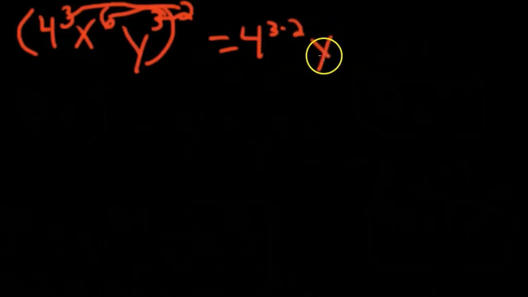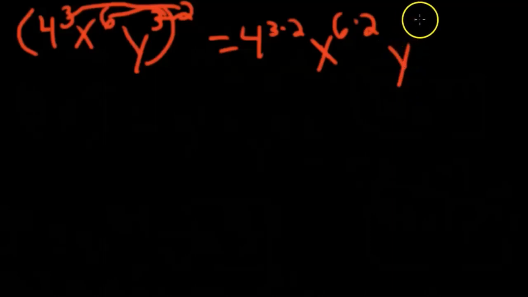So we have 4 to the 3 times 2, x to the 6 times 2, y to the 3 times 2.